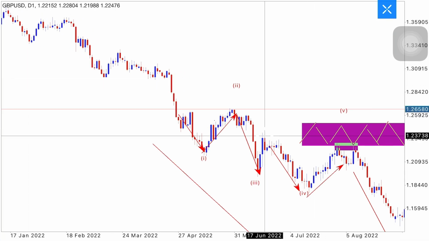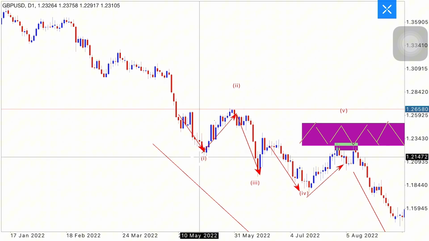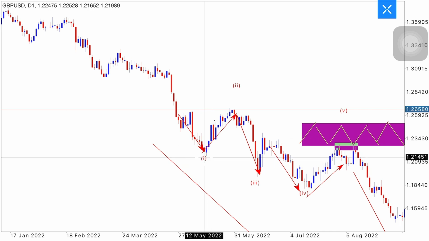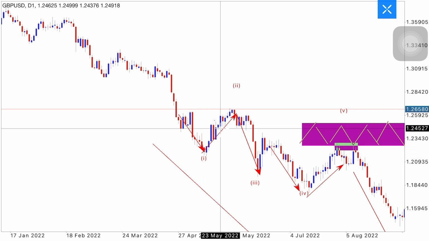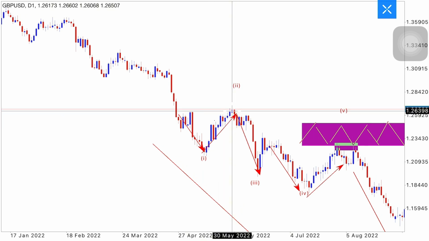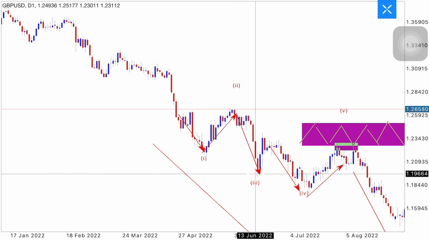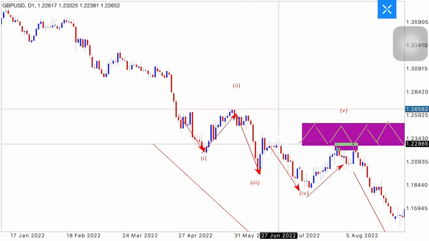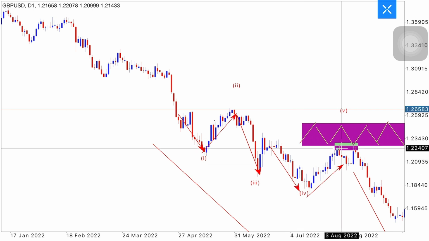So this plays out in the form of like this. We know that when the market comes to this level here, we will have a possible buy to the upside, and when the market comes to this upside here, we will have a possible sell to the downside, and when the market reaches this point here, we will have a possible buy to the upside, a sell, and a buy.